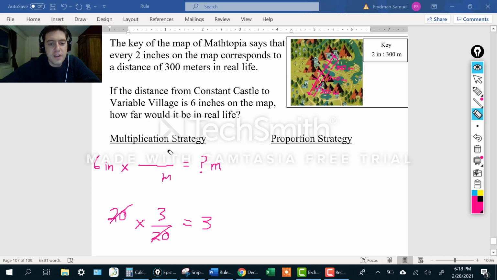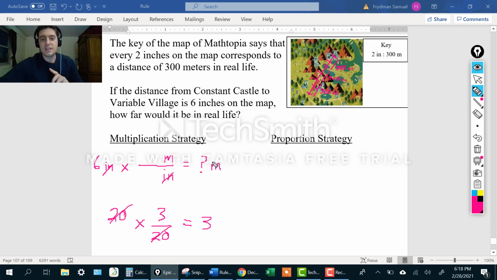But if, on the other hand, I put the meters on top and I put the inches on the bottom, then these inches are going to cancel out, and I'm left with just meters, which is exactly the unit that I was looking to have in the end. I want my answer to be in terms of meters.